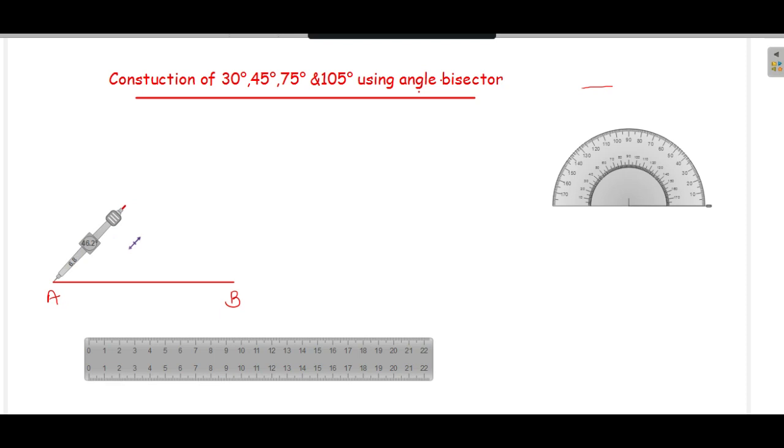We have to take the radius of the compass to some fixed measurement, or more than half you can take. So here I am taking more than half that of AB.